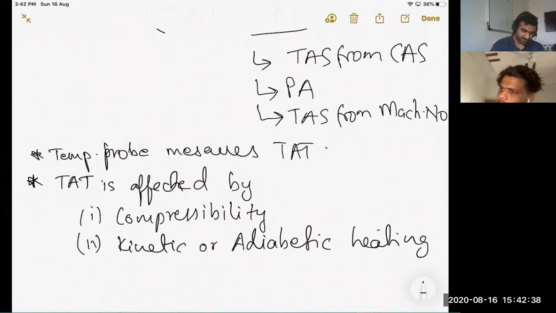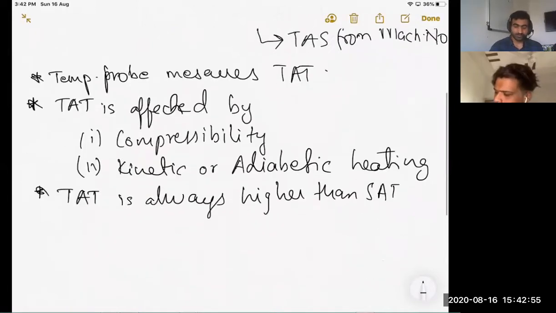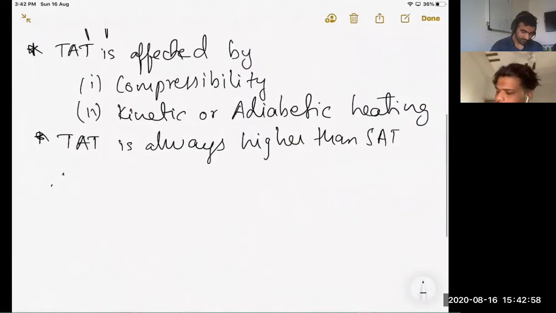This is why we have an increase in the temperature, which is always higher than SAT. Therefore SAT is smaller than TAT. TAT is always greater than SAT.